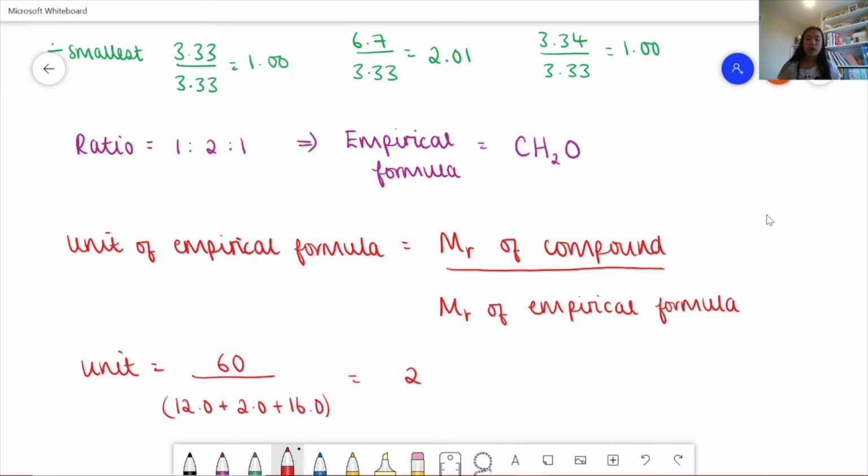This gives 2, and so therefore the molecular formula is the empirical formula multiplied by 2. So we have C2H4O2.